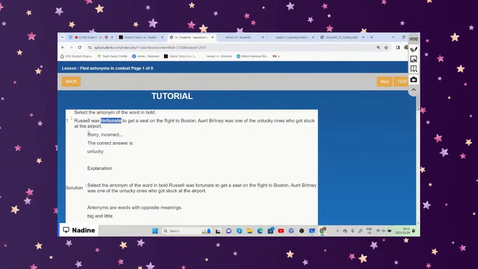So if Russell was fortunate to get a seat on the flight, it means that he was able to get a seat on the flight to Boston.